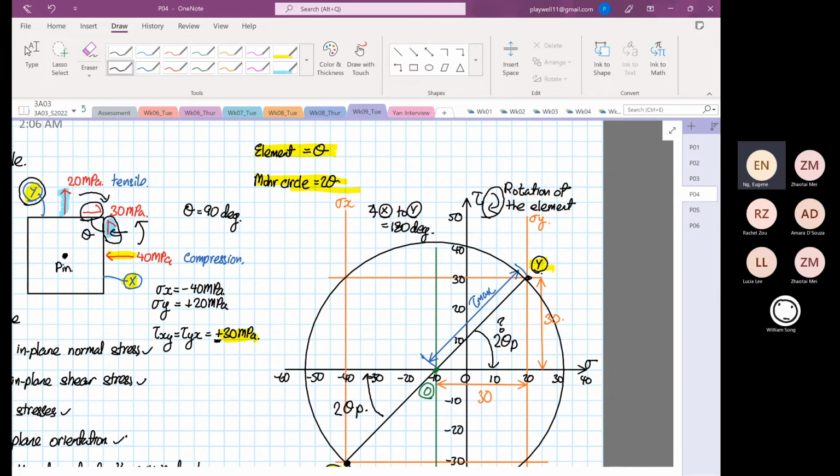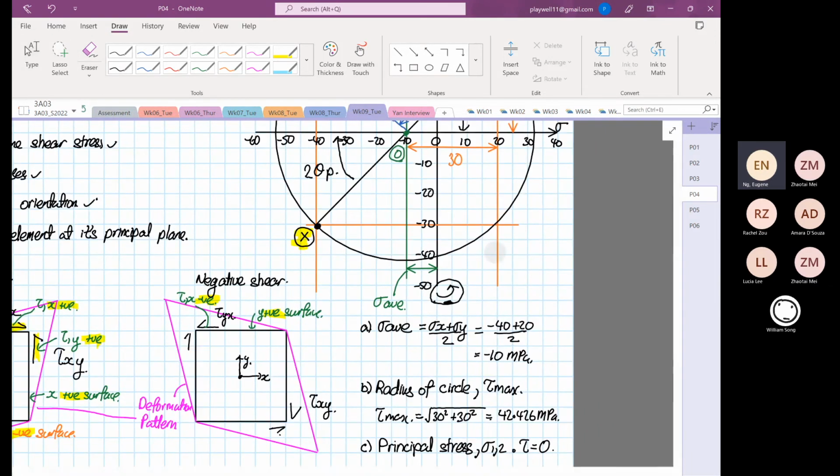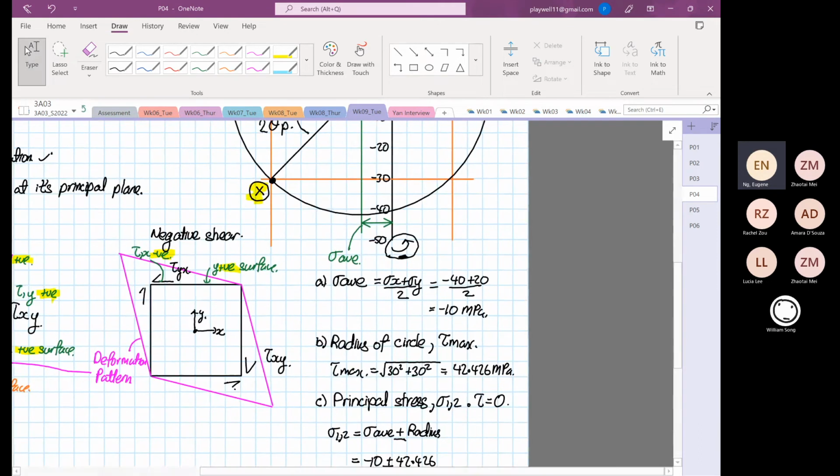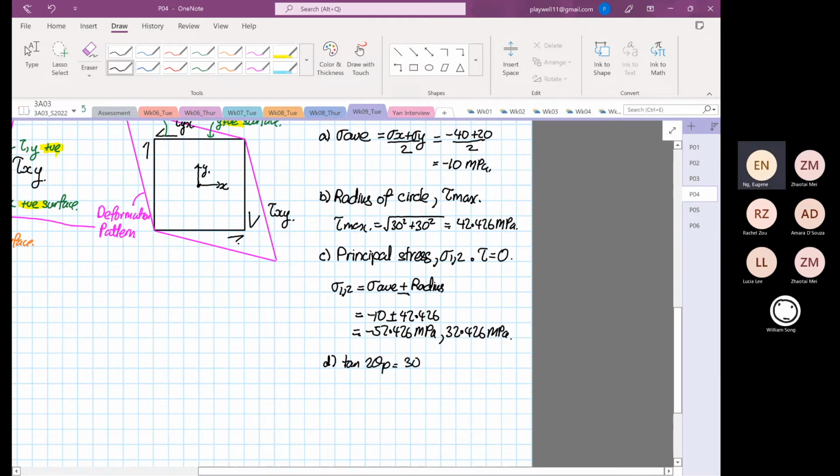Okay, so from here we are going to find 2 theta P. Right, again, very simple math. So tangent, so part D, tangent 2 theta P is equal to 30 divided by 30. So 1, or tangent inverse 1 is equal to 45 degrees.